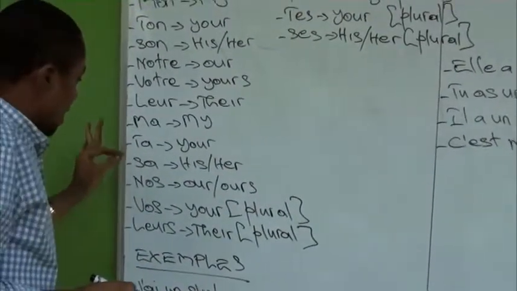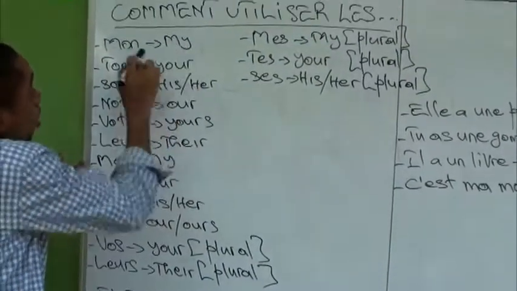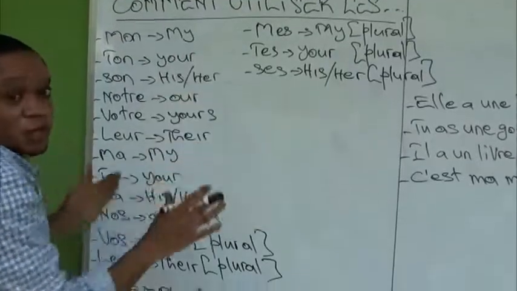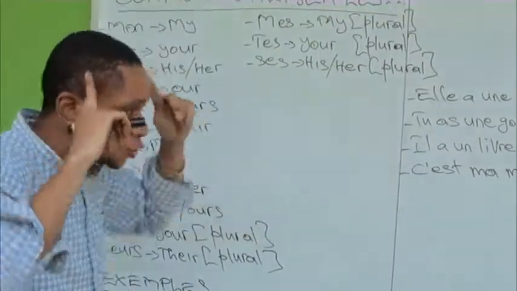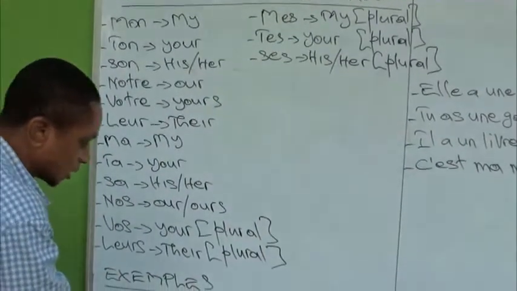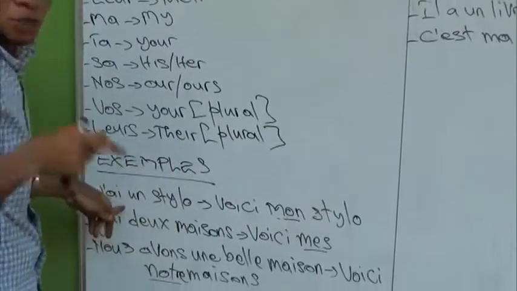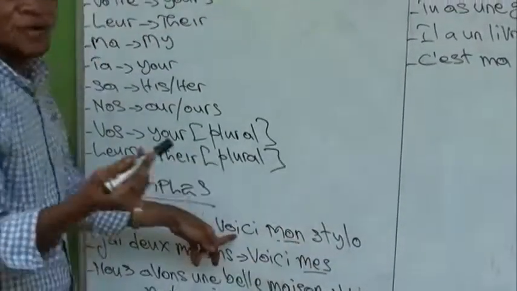Ma, ta, sa, nos, vos, leur, mes, tes, ses. Mon means my. Make sure to write it down. J'ai besoin que vous compreniez. I want you to understand deeply. So when you see a sentence, for example, j'ai un stylo, because the pen belongs to you, you will say, voici mon stylo. Voici mon stylo means here is my pen.